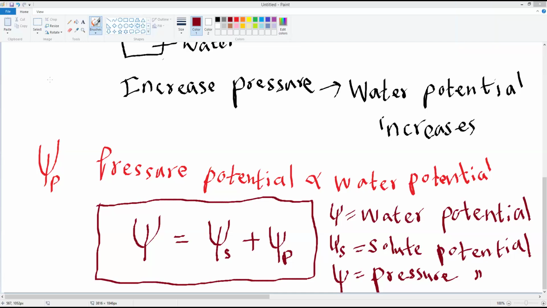Then we are going to write about solute potential and pressure potential. Write the topic: solute potential.